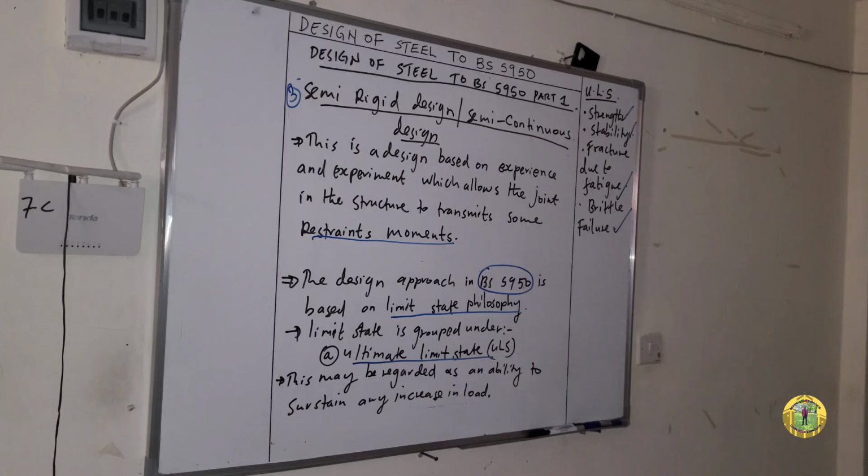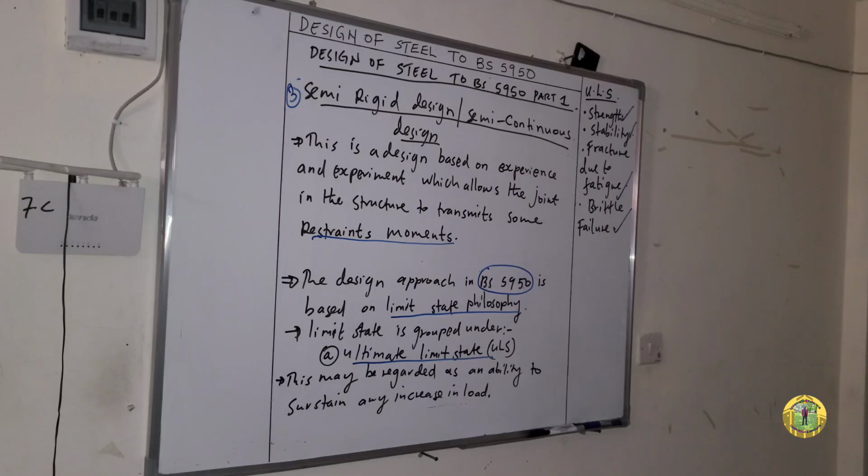I will begin with strength. The individual structural element should be checked to ensure that they do not yield, buckle, or rupture under the influence of ultimate design loads or forces and moments.